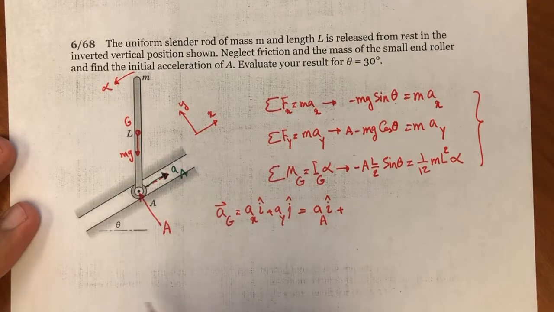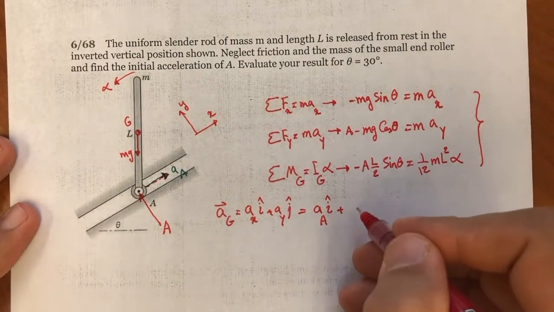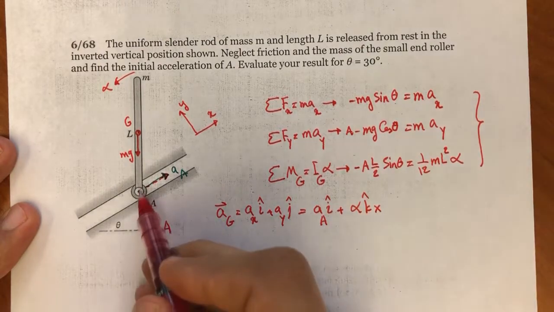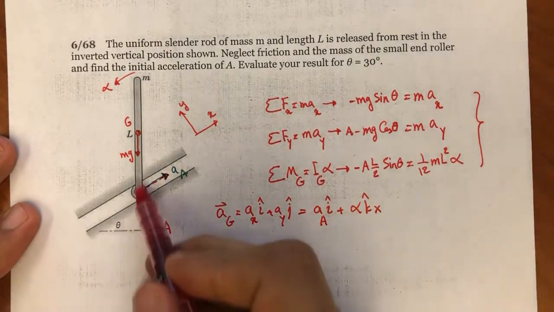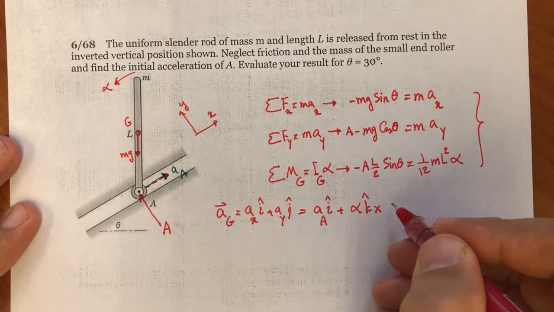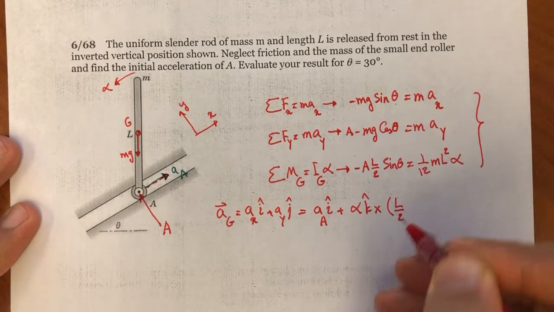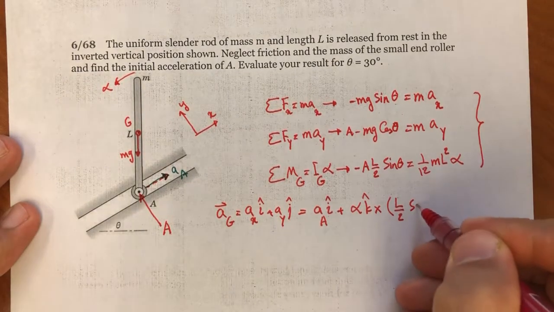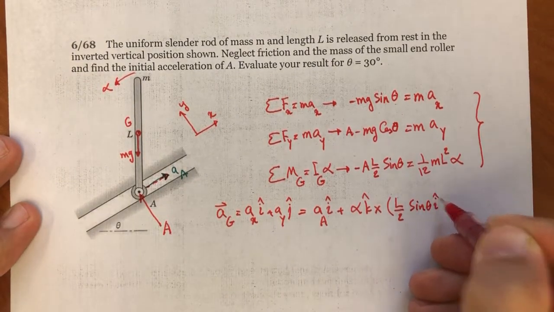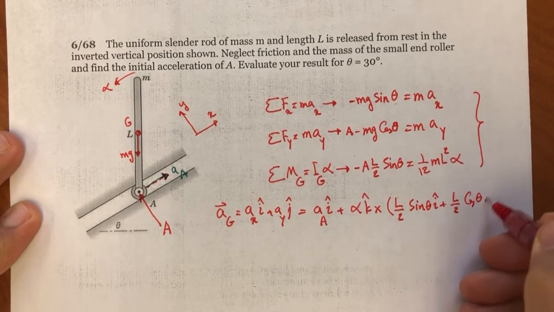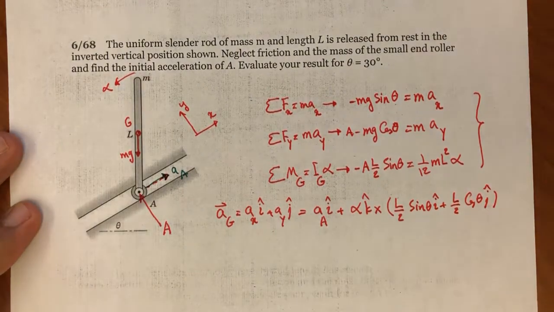Plus alpha cross r, so I'm gonna have alpha, which is in the k direction, cross product to AG. But what is this AG in ij form? It is half of L times sine of theta in the I direction, and half of L times cosine of theta in the J direction.